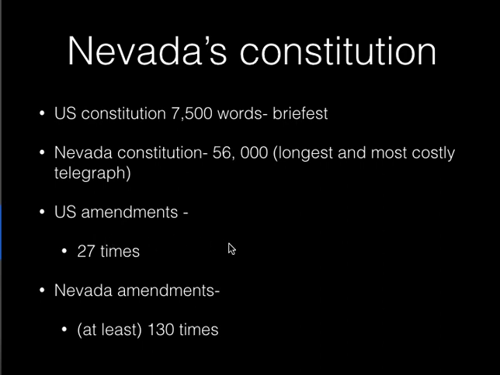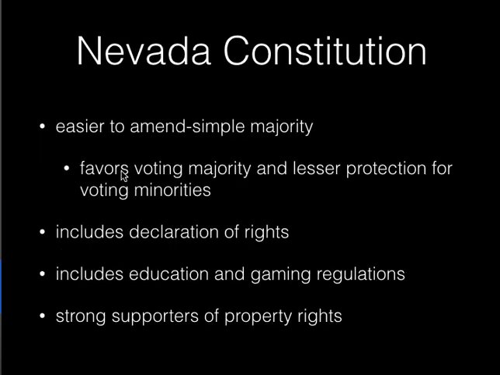Also, the number of amendments: the U.S. has far fewer. Nevada has over 130, I think closer to 140 by now. And this is because it's easier to amend the Nevada Constitution than the U.S. Constitution. You only need a simple majority.